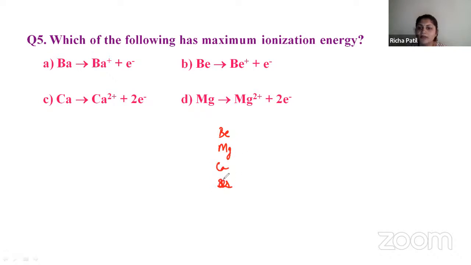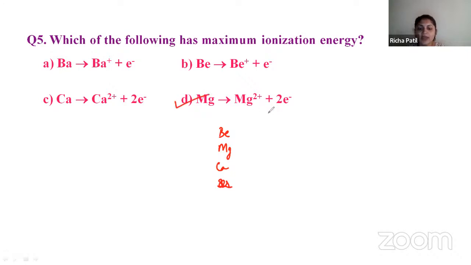See, when you're comparing magnesium and calcium, here only one electron is removed. But when you're removing the second electron, the energy required will be more. So the answer is D.